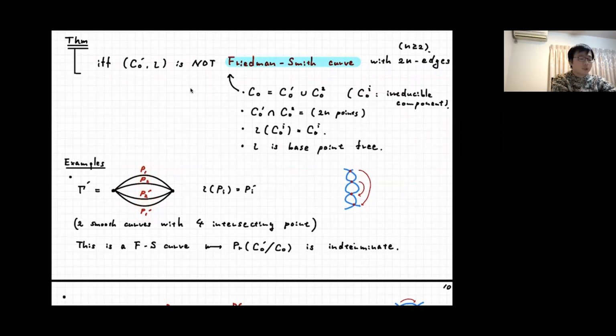In fact, we consider two intersecting smooth curves, and the intersection points are given by these 4 nodes. The involution swaps these two pairs of nodes. Then this dual graph satisfies this condition, so this is an FS curve. So in this case, the compactified Prym variety P0 over C0 is indeterminate.